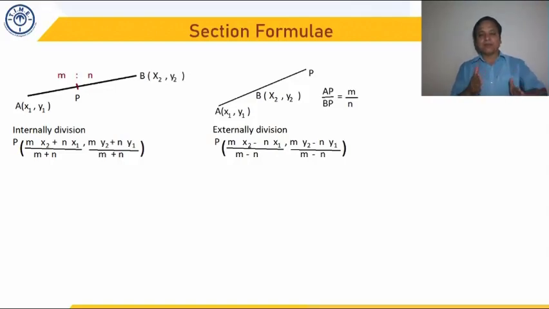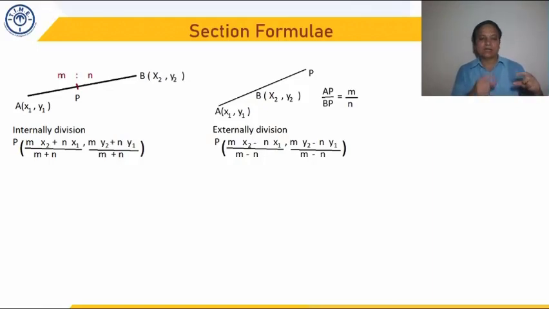In this case, the point P which divides the join of AB in the ratio m is to n lies outside the join of A and B. So whatever formula we have for internal division, in this case instead of plus we put a minus sign. It's (m into x2 minus n into x1) upon (m minus n), (m into y2 minus n into y1) upon (m minus n). We say it's an external division.